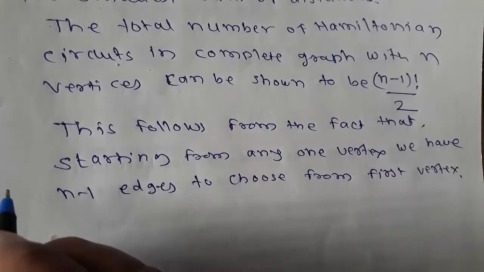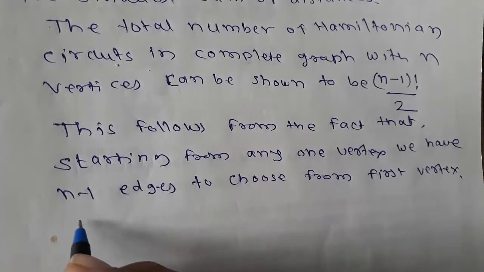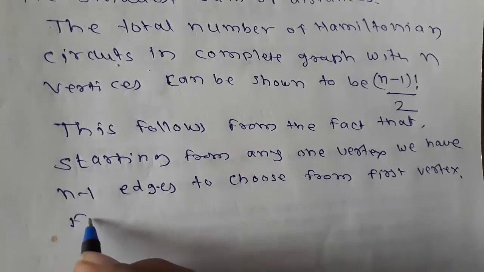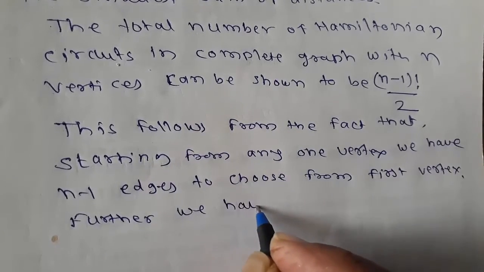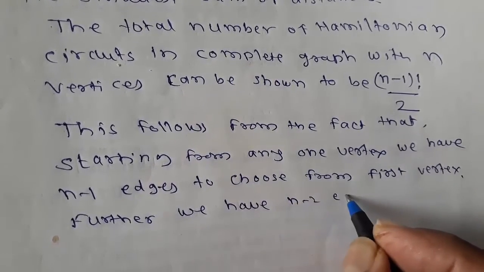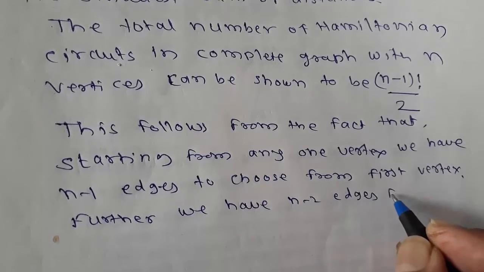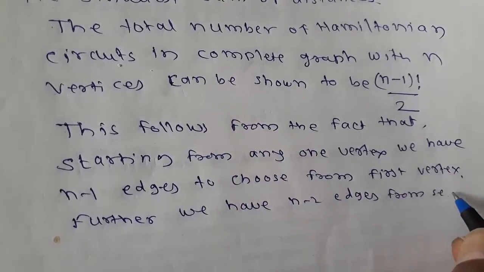Further, we have n minus 2 edges from second vertex.